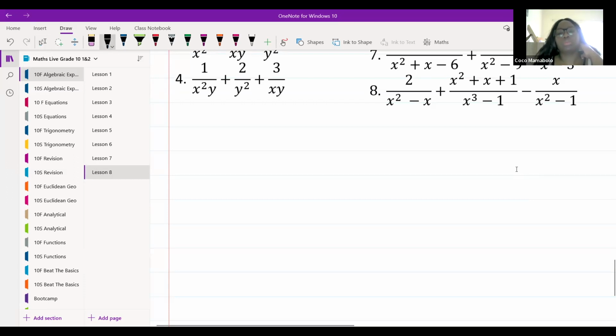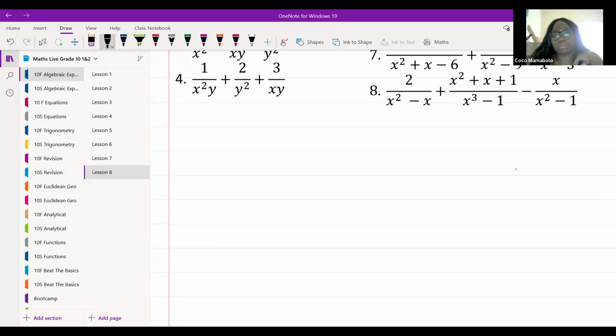An example would be 2 open bracket 4x minus 2 close bracket, and then there's a square. Can I give you also the first part of it? Yes, give me the whole sum.